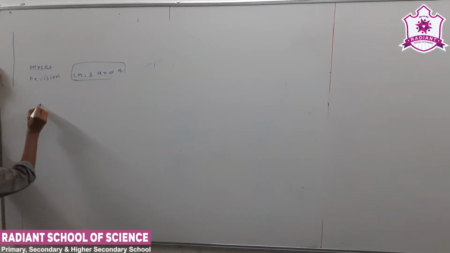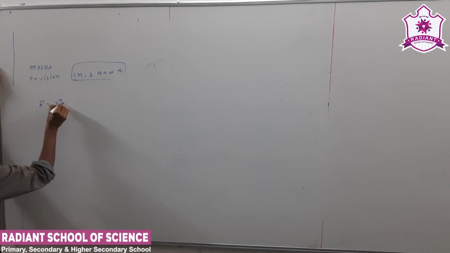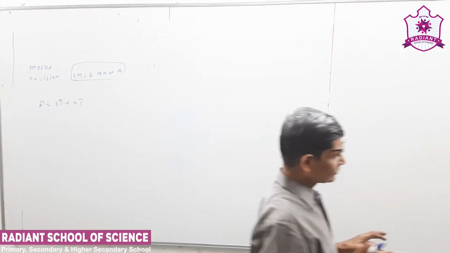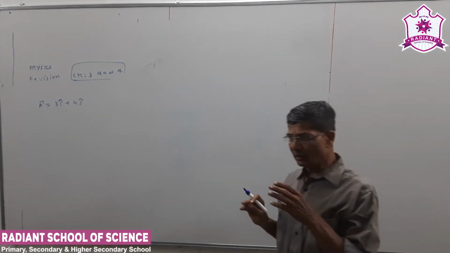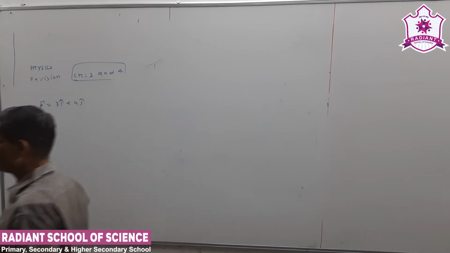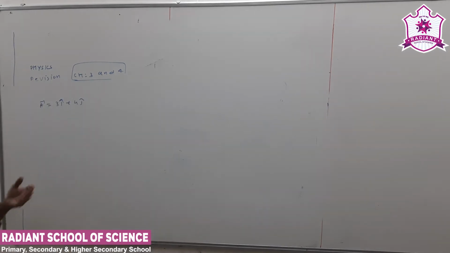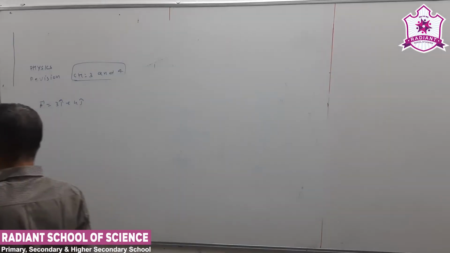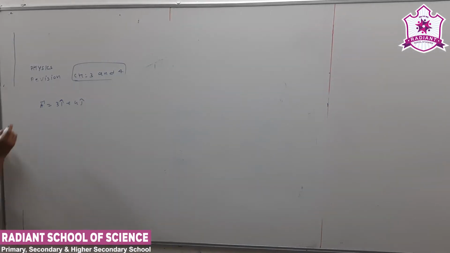Let us say A is equal to 3i plus 4j. How to find the unit vector of this? Books have said some basic things, but an important thing that is many times not given, we should discuss here.